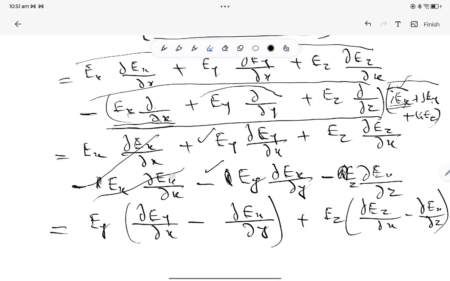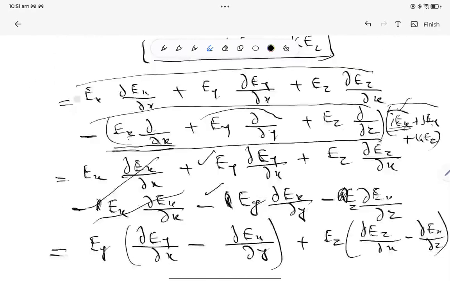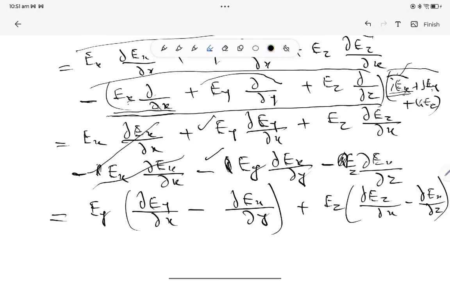Now compare it with the right hand side, the x component of the right hand side. Let us first write it here. Right hand side, you have that with you, that is simply the same as this. You can check, you will find it is the same.